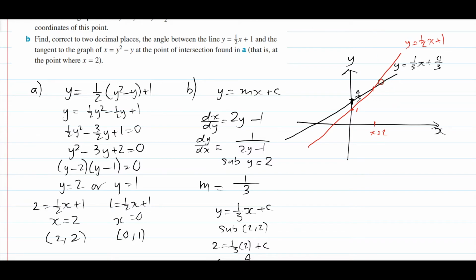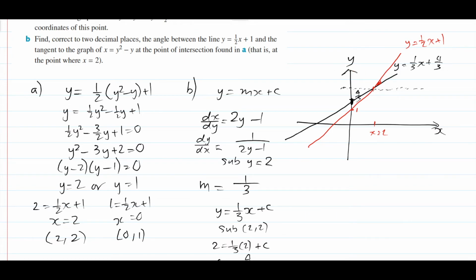And when you find this angle right there, okay, the angle between these two lines. Okay, how would you find that angle? Well, if you want to find the angle, here's what I'll draw. I'll draw a horizontal line right here to help you visualize the two angles that we need to find the angle in between. If you want to find this, you need to find the bigger angle, so the angle between this horizontal line right here and the red line, so y equals half x plus 1.